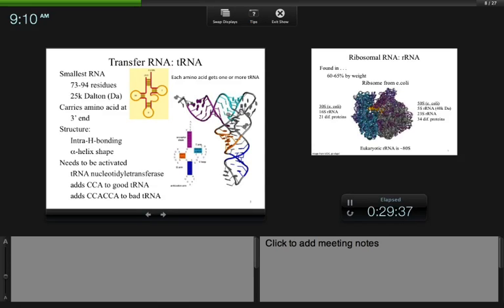To verify that, yes, that is indeed a good molecule, it will add cytosine, cytosine, adenine to the 3' end, I think it's the 3' end. And with that little tail, it's now activated and it can do its job. If it's bad tRNA, if there's something wrong with the overall structure, that enzyme has to also come up with some way to mark it.